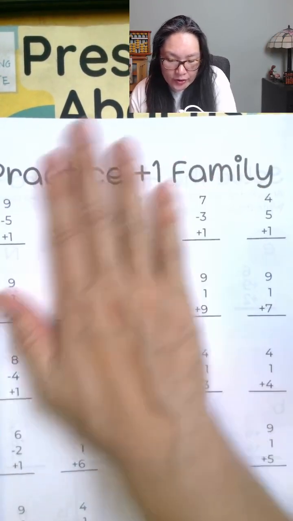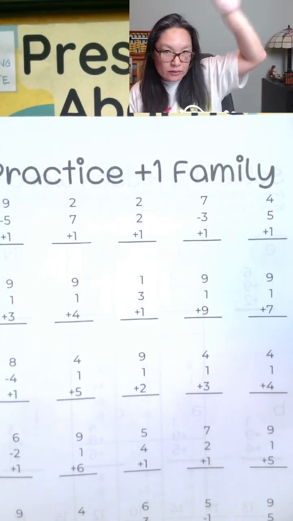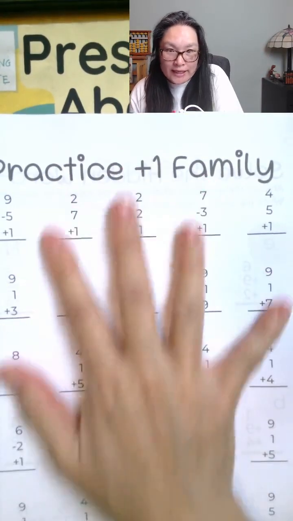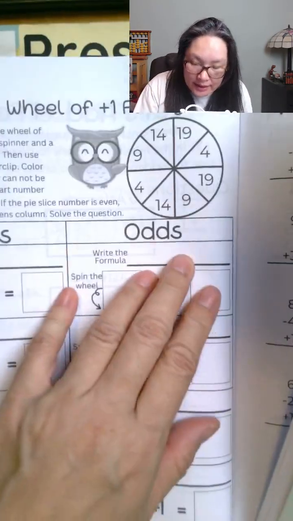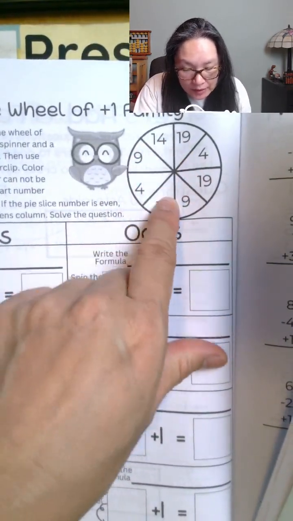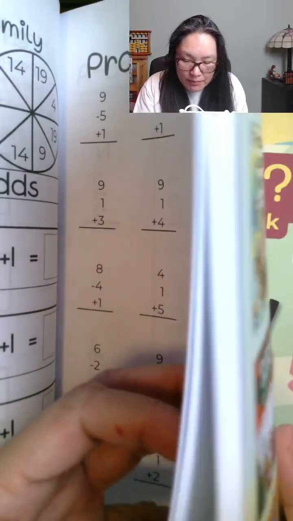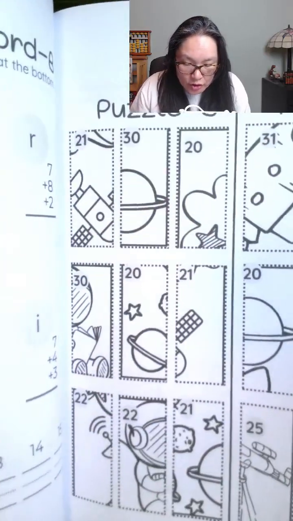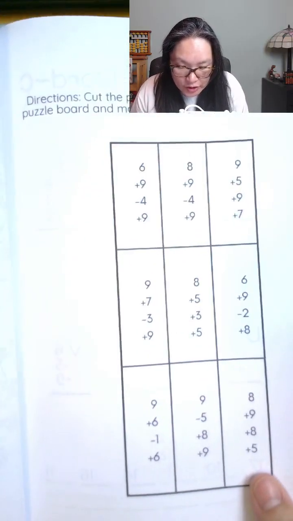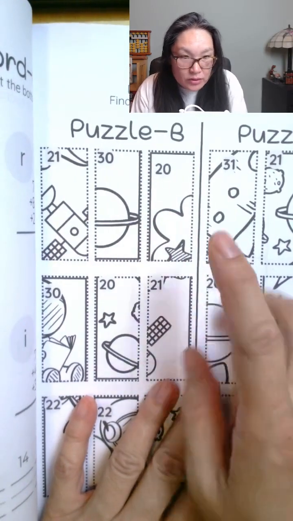All the other abacus books, like on Amazon, are all like this, whereas I added some interactivity. I added this little spinny thing with a paper clip, and then this one is a puzzle. You have to answer the question, find the answer on the puzzle, cut it, and so forth.